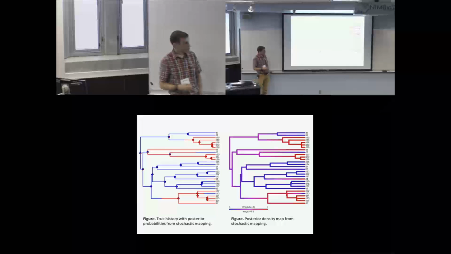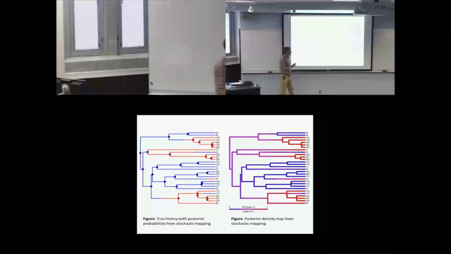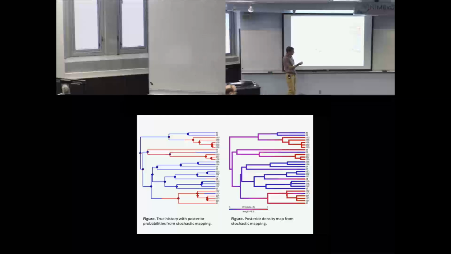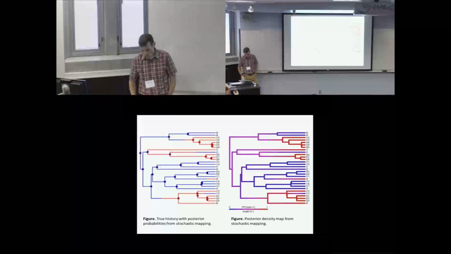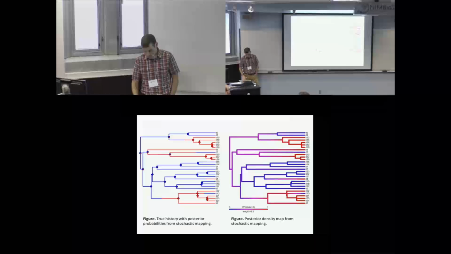And here's another way to visualize this. This is the continuous probability of change between states on the phylogeny mapped onto the tree. So this is the posterior probability from stochastic mapping that any particular node or edge was in either of the two states of the binary character being mapped here at any particular time.